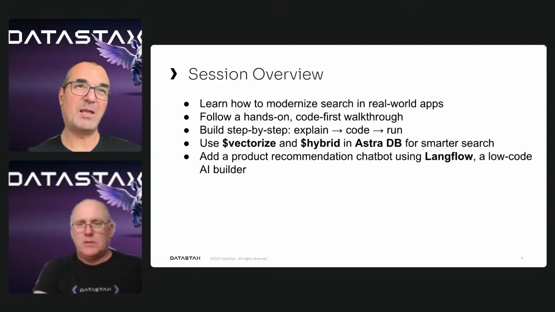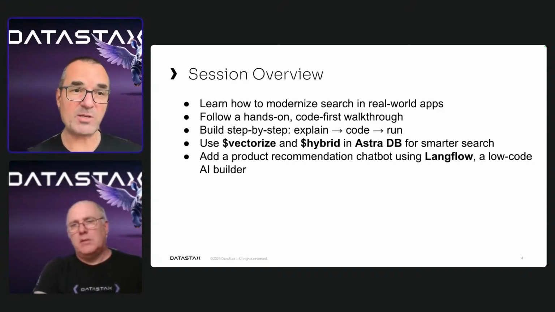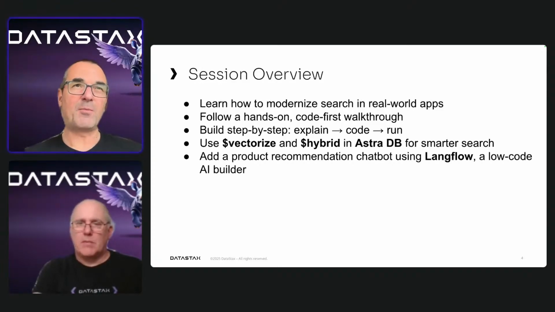We even introduce you to Langflow, an open source, low-code platform to implement any kind of generative AI use case. With it, we show you how to implement a chatbot for a product recommendation service to have a conversation with a product catalog.